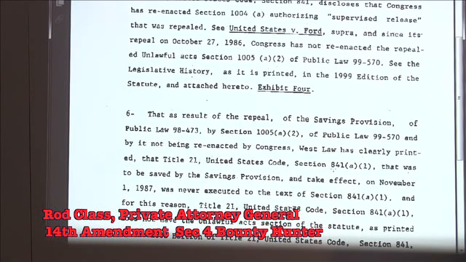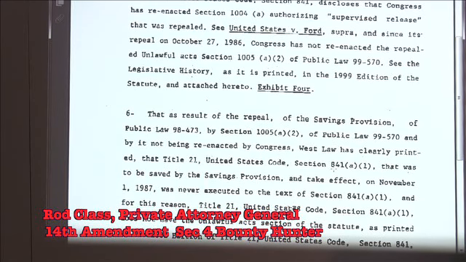Section 841A1, that was to be saved by the saving provision, was taken effect on November 1st, 1987, was never executed to the text of the section of 841, and for that reason Title 21 U.S. Code Section 841A1 does not have the unlawful act section.